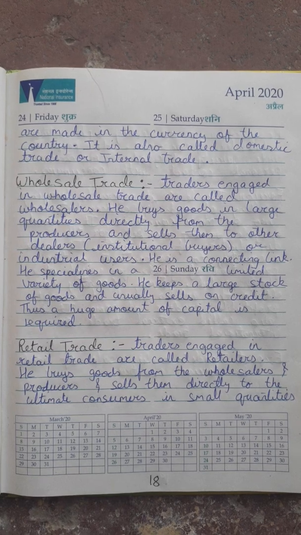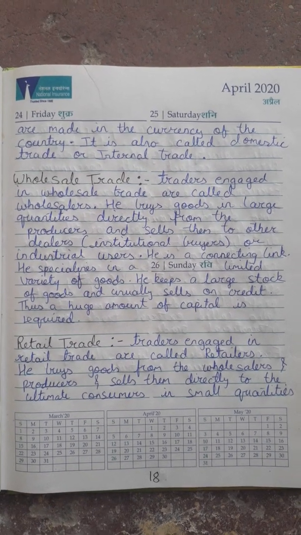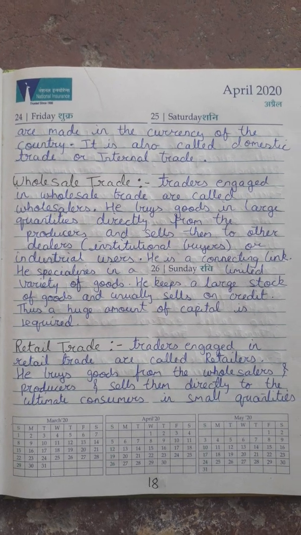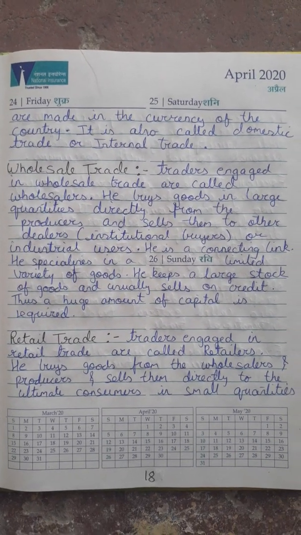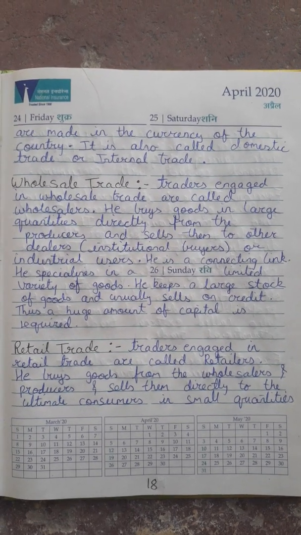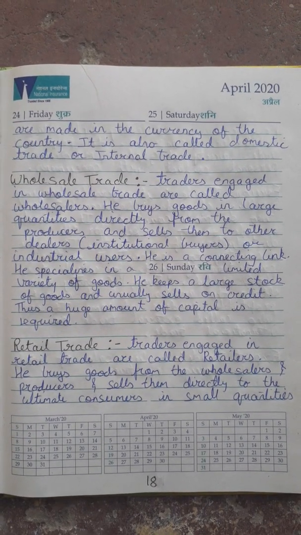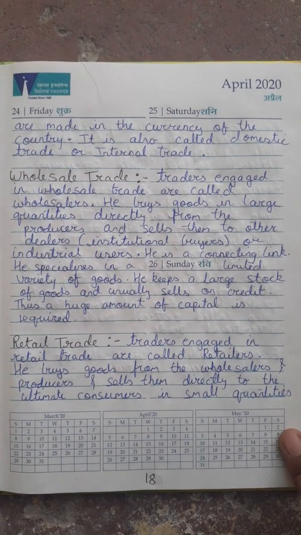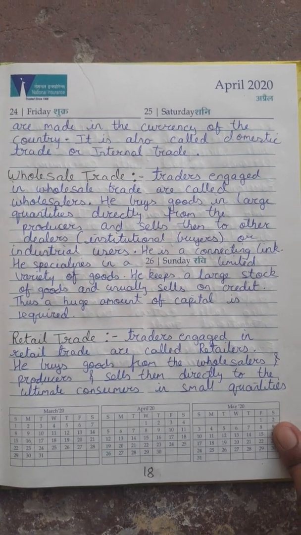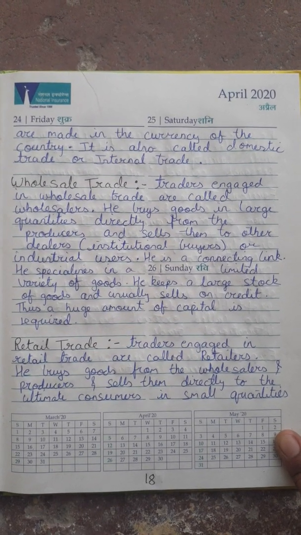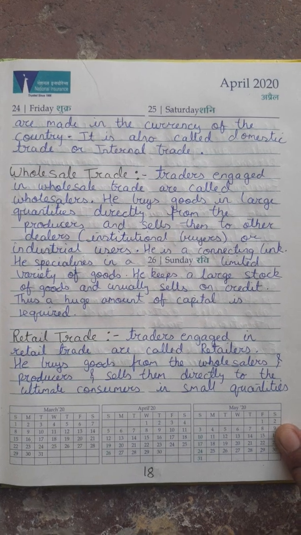Wholesaler specializes in limited variety of goods, and he keeps a large stock of goods which he generally sells on credit. Credit means payment can be made in future. Therefore, wholesaler requires a huge amount of capital. First, because he buys goods on cash, and secondly, he sells good on credit.